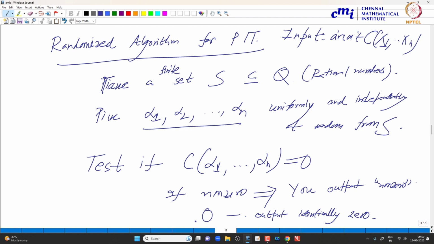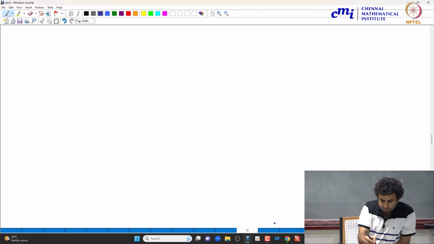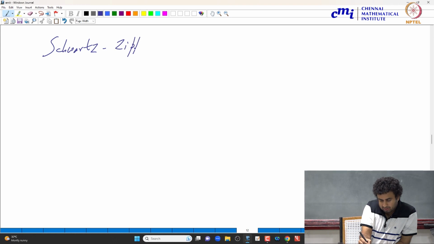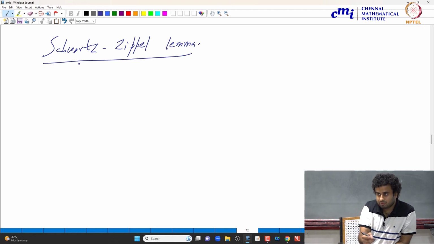And as you said, by repeating the experiment we can hope to reduce the error probability. There is a way to formalize this. This is called the Schwarz-Zippel lemma, but it turned out it was discovered even before in some other form.